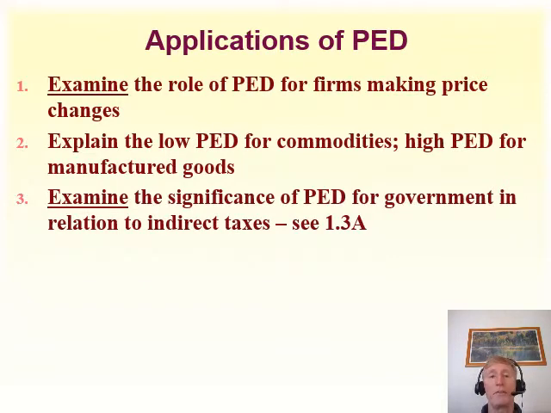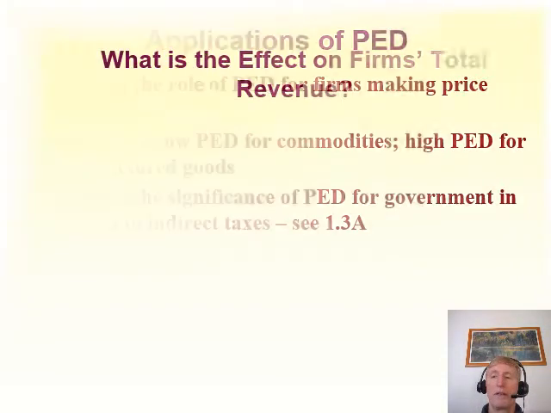And for countries that are exporting commodities versus manufactured goods, this has a whole implication for the income of the entire country or even an industry when there are changes in prices, and then therefore governments and when they apply taxes. But we won't look at that here because we'll take that up when we look at government taxes.